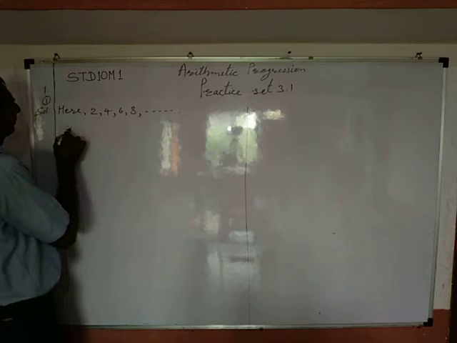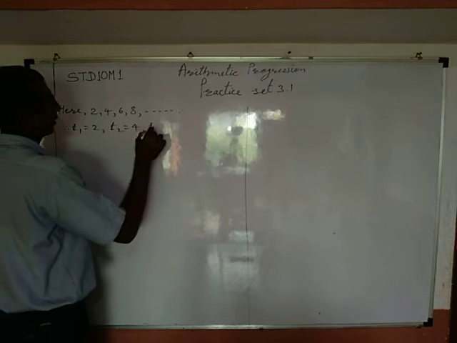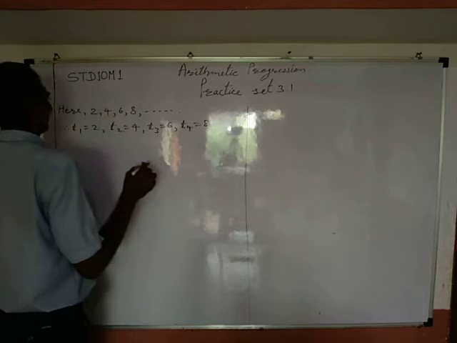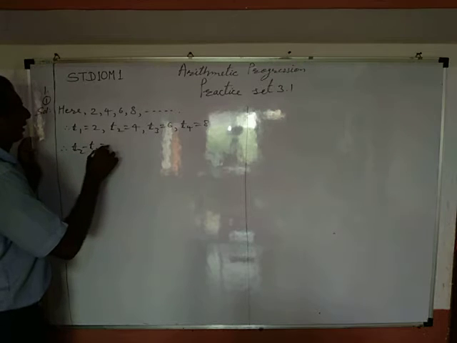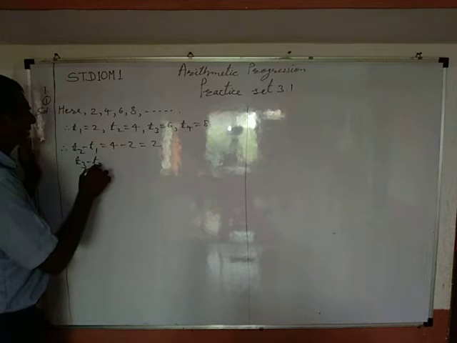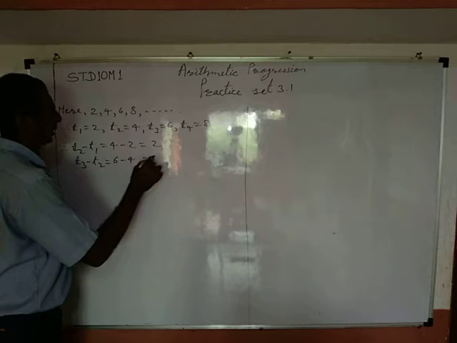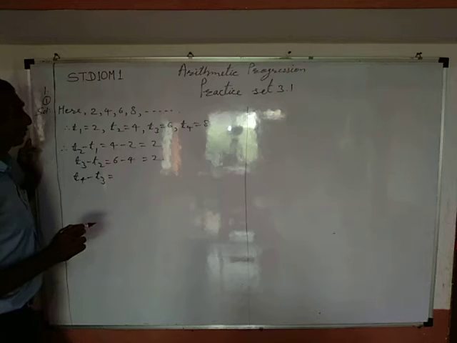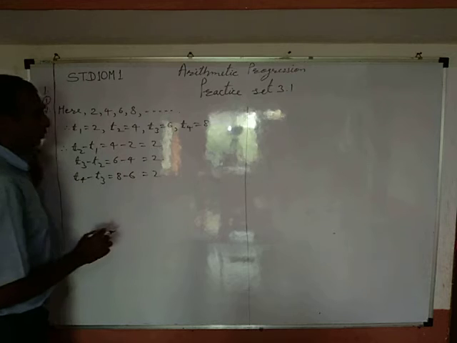Therefore, T1 equals 2, T2 equals 4, T3 equals 6, T4 equals 8 and therefore T2 minus T1 equals 4 minus 2 equals 2. T3 minus T2 equals 6 minus 4 equals 2. T4 minus T3, means fourth term minus third term, equals 8 minus 6 equal to 2.